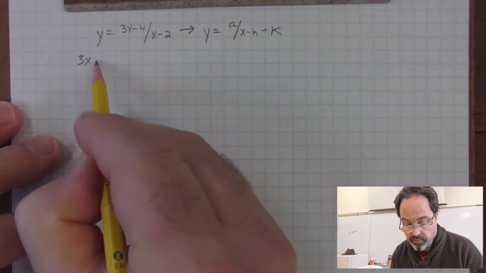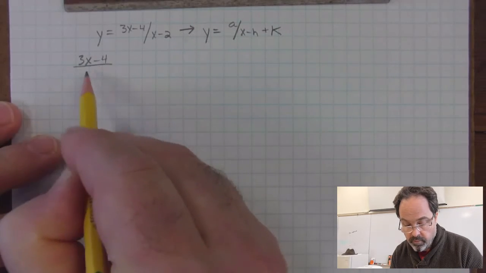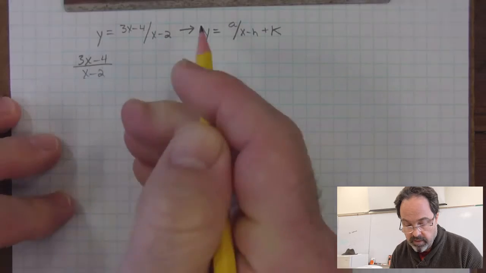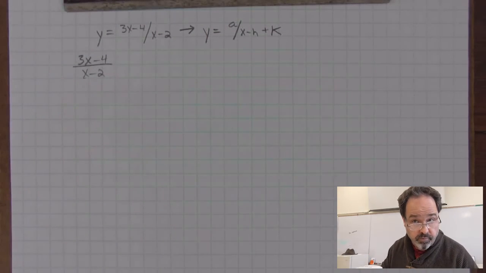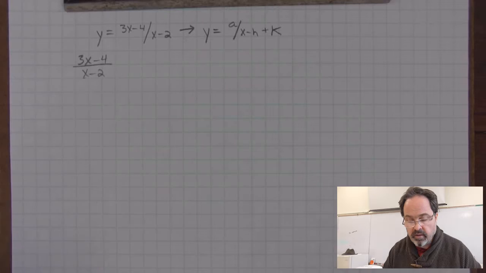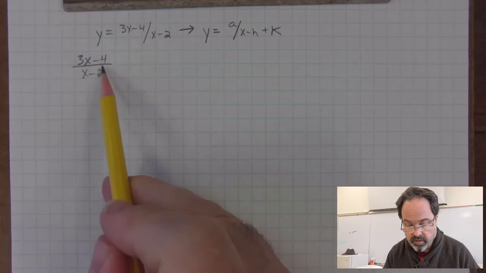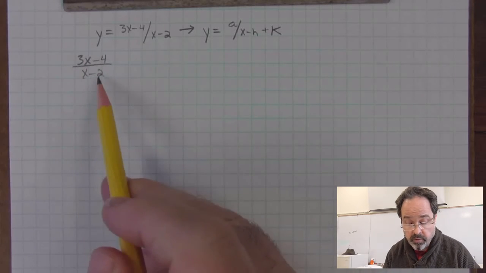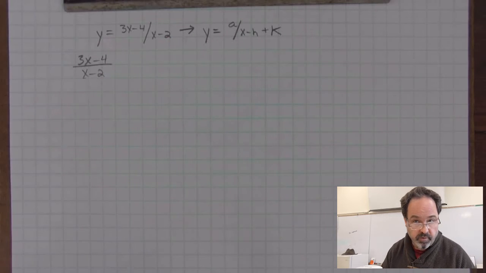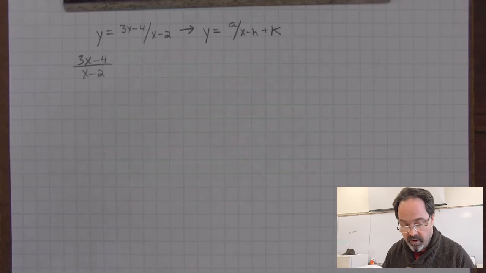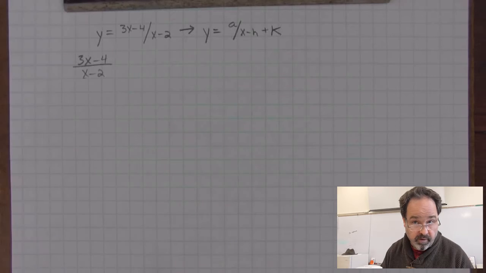We're working with 3x minus 4 over x minus 2. It takes a little foresight, a little creativity, and it always involves wanting to manipulate the numerator so that a portion of it matches the denominator. In this case, I want to manipulate 3x minus 4 and get an x minus 2 factor out of it.